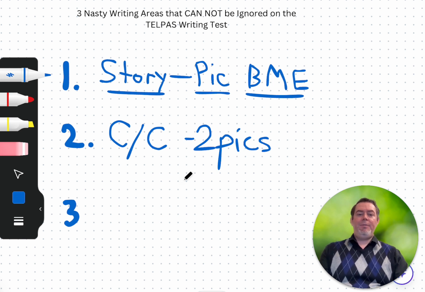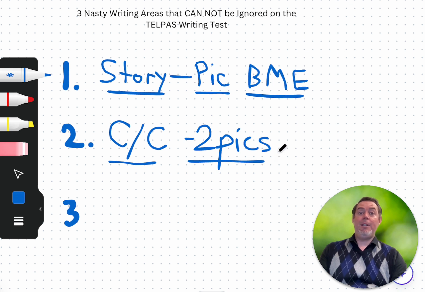Okay? So give your students plenty of opportunities during the year to compare and contrast 2 pictures, or it could be 2 concepts, or 2 ideas from the concept or content that you're working on in that 6 or 9 weeks.